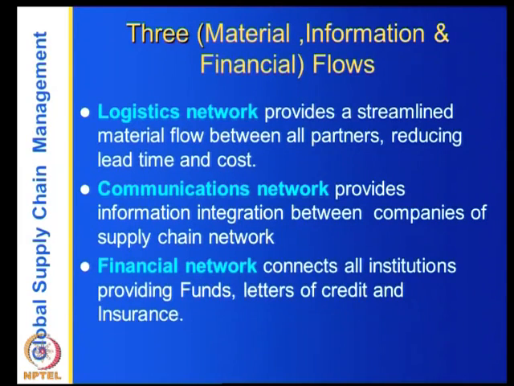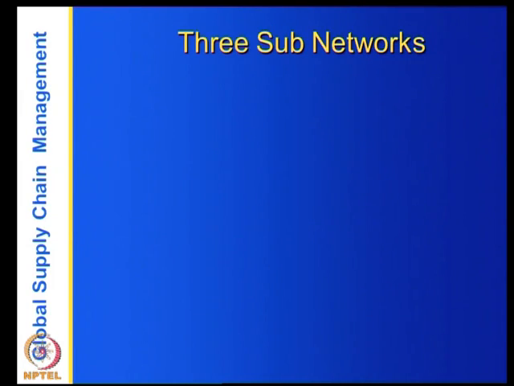And finally, the financial network connects all the institutions providing the funds, letters of credit, insurance, and so on. So basically, these are the 3 sub flows that happen, and these are the 3 networks that facilitate the flow of the goods, the information, and the finance in this.